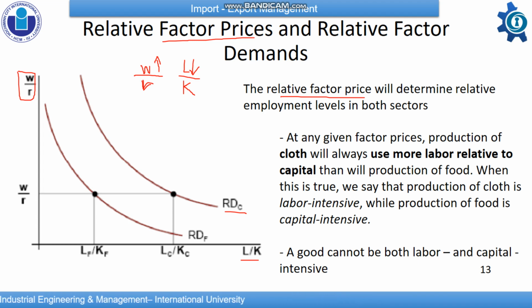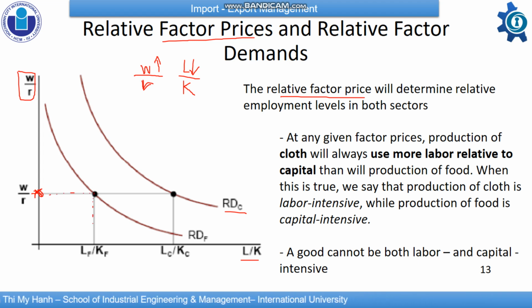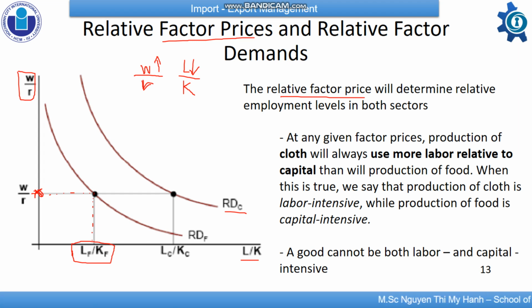At any given point of the relative factor price, the relative price of labor to capital, we can see the relative demand for labor to capital in food production, and at the same relative price of labor to capital, we can see another point, that is the relative demand of labor to capital in cloth production.